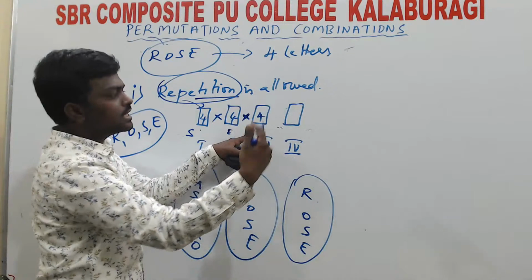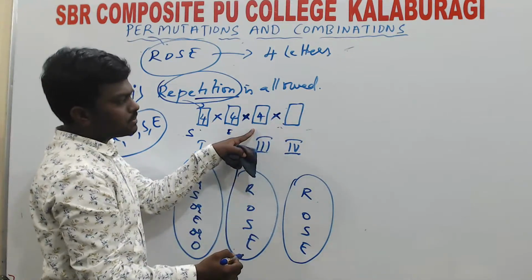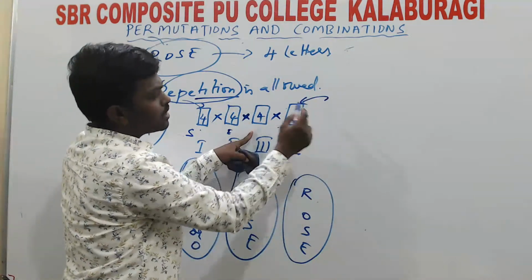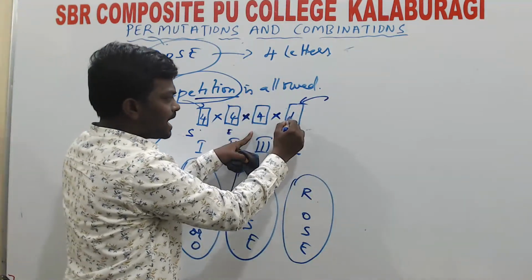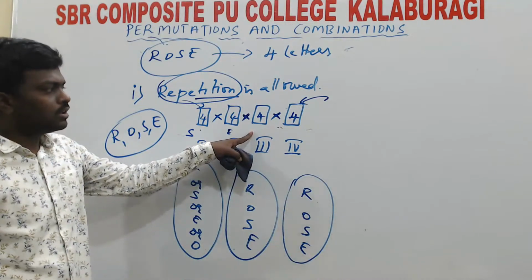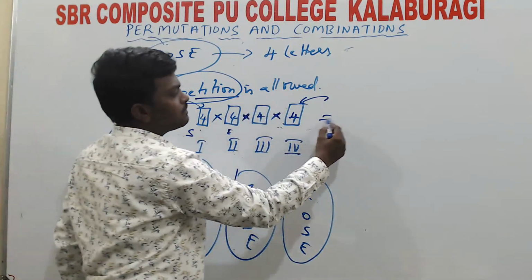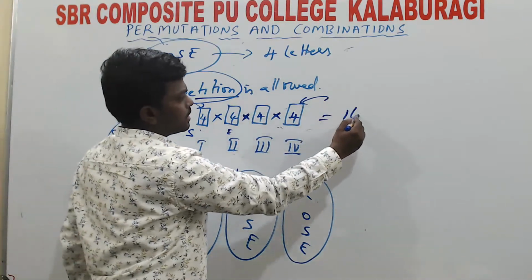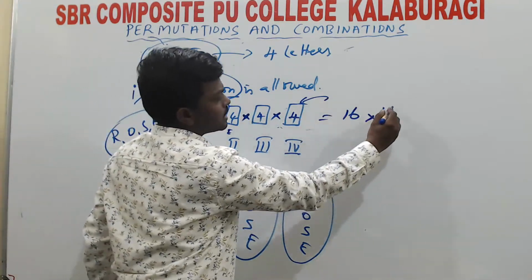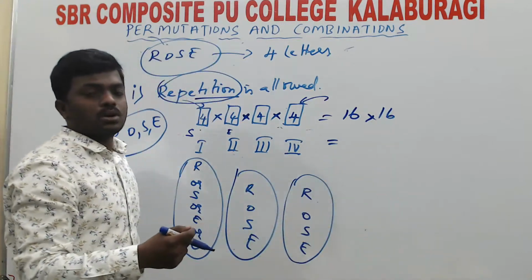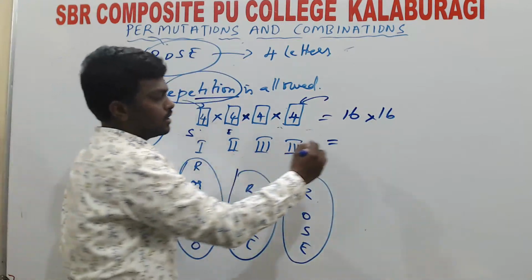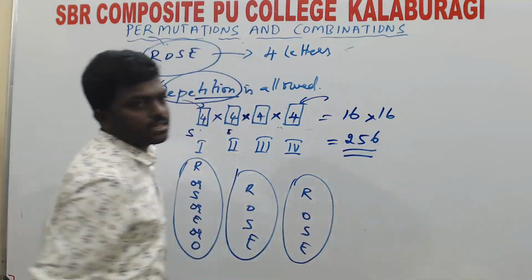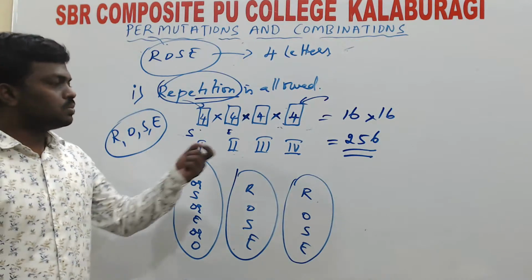The event is still going on, multiplication principle. Now for the fourth place, because repetition is allowed, again we have 4 options available. So now tell me how many words we can form. 4 4s are 16, and again 4 4s are 16. So with repetition, we can form 256 words.